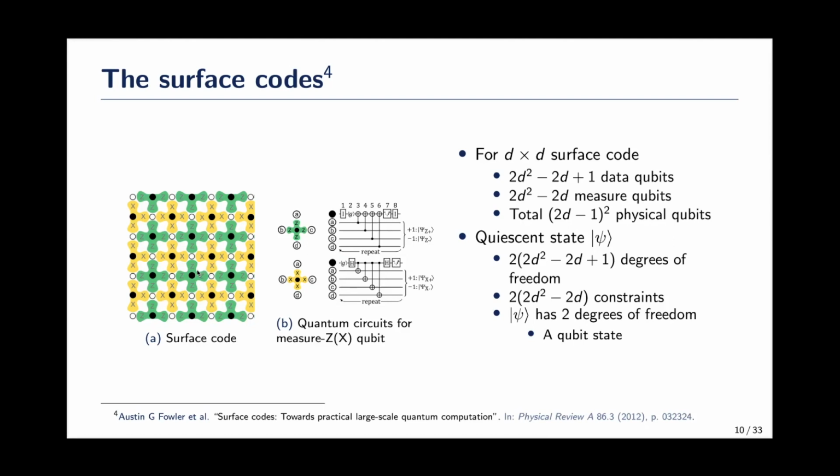We detect the syndrome measurement, and there will be some minus ones. By the decoding algorithm, we can determine where the error occurred. So by measuring one qubit, we know where the error occurred on the qubit.